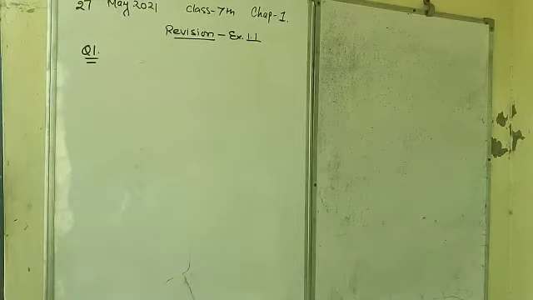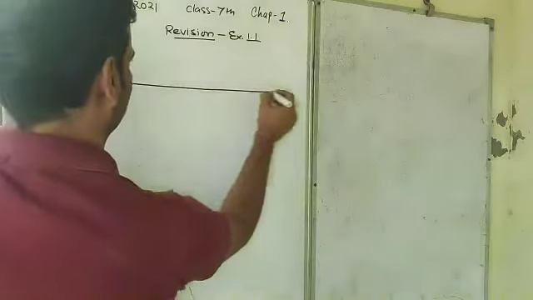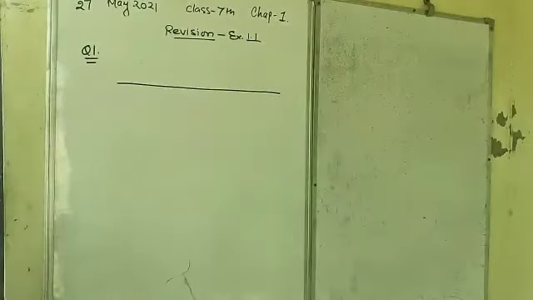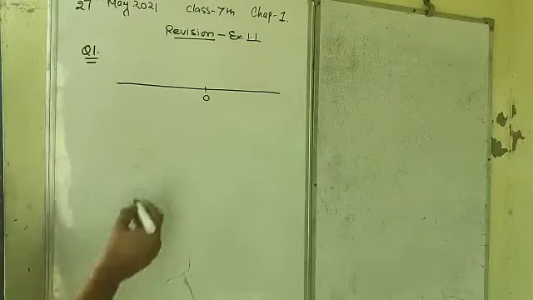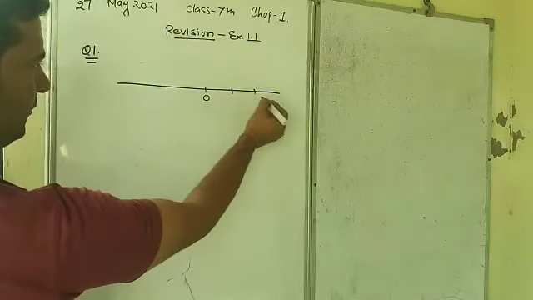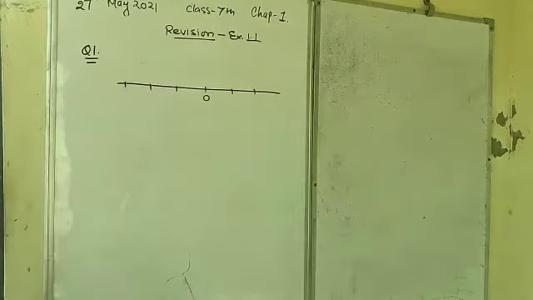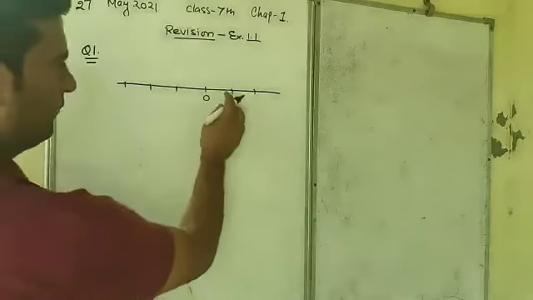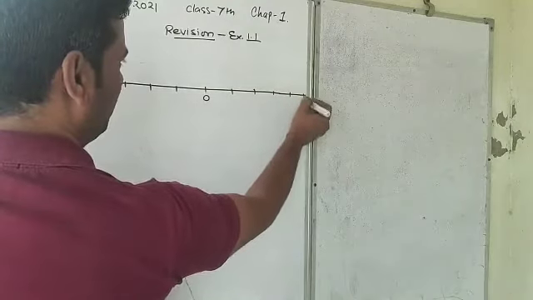On a number line, the temperatures in degrees Celsius at different places are marked. That's 0, that's 5, 10, minus 5, minus 10, minus 15, then 5, 10, 15, 20, 25.